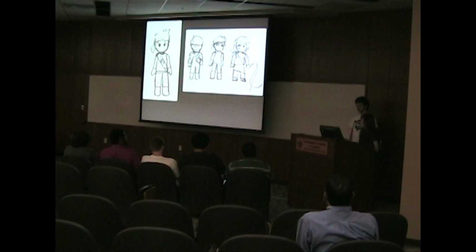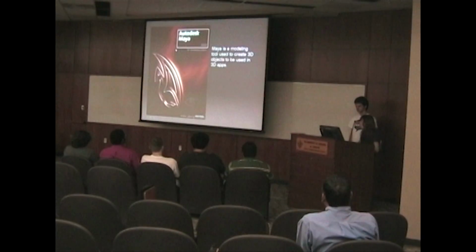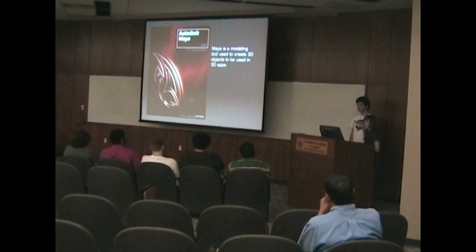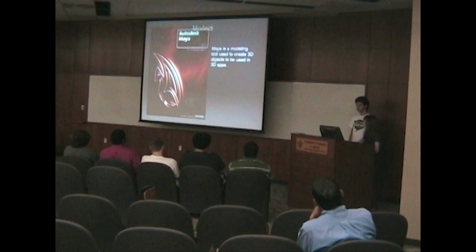This image is the three different types of characters that we decided on, the designs for them. The technology character, the neutral character, and the biological character. This is just the other version of that one. We used Maya to make all the meshes that we used in the game, based on the drawings that we did.